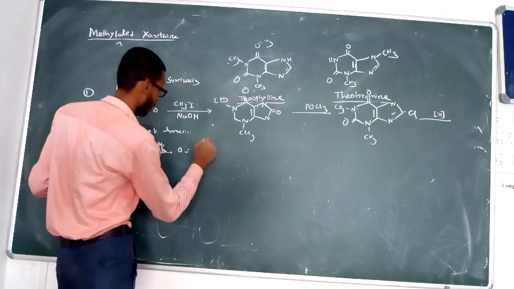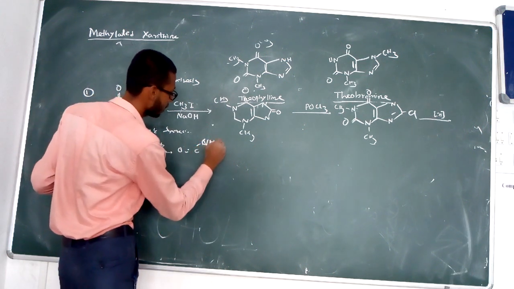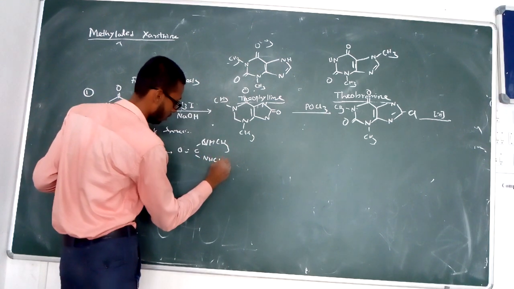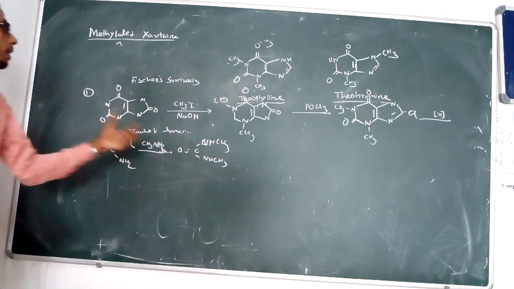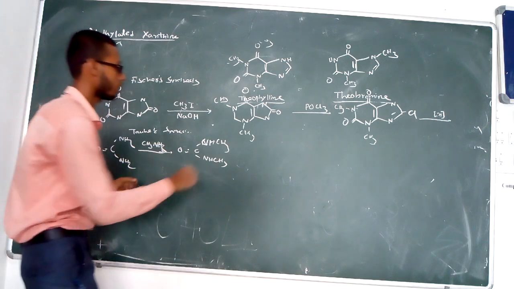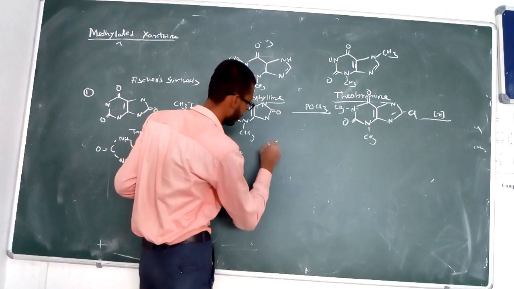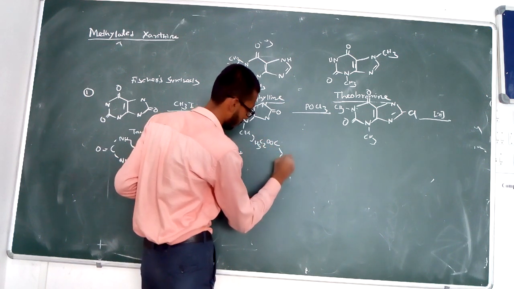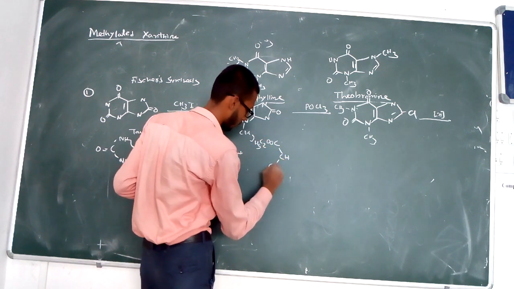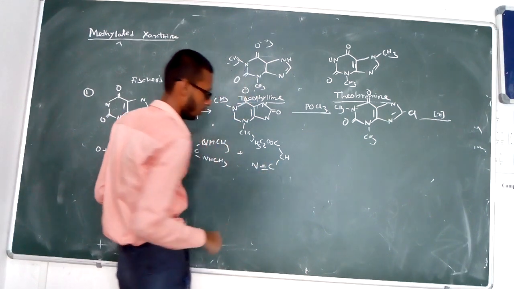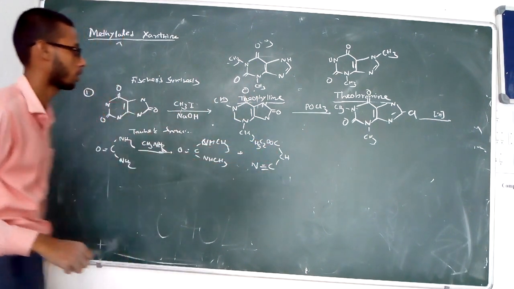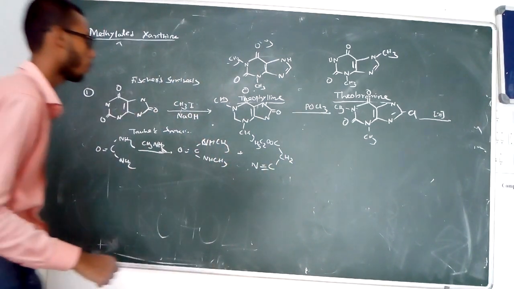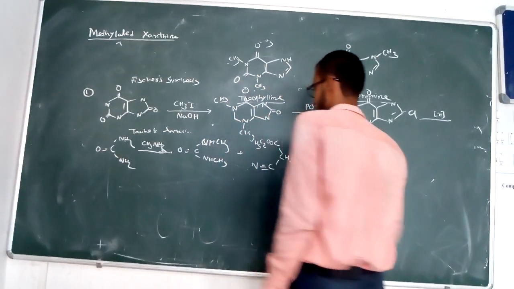This dimethylurea reacts with cyanoacetic acid, CH2, to produce a xanthine derivative.